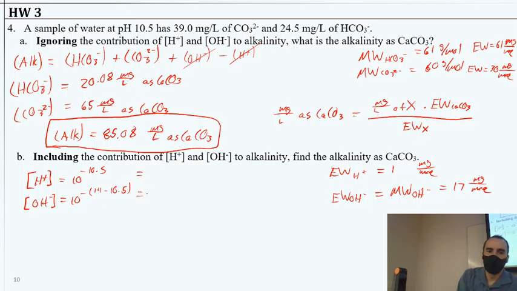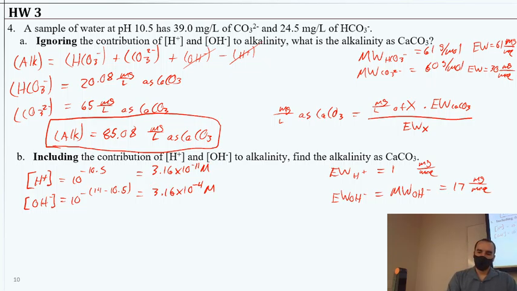We can get those numbers in moles per liter and then convert that into milligrams per liter and then convert to milligrams per liter as CaCO3. So it's slightly more involved because we have to go from moles per liter, but anyway, it's 3.16 times 10 to the minus 11th for the H plus, and 3.16 times 10 to the minus 4th for OH minus.